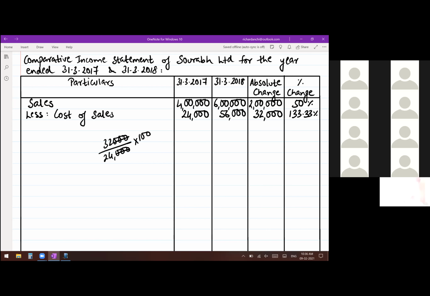Your trading account is complete. So get gross profit first. Sales minus cost of sales, gross profit. Deduct 4 lakh minus 24.